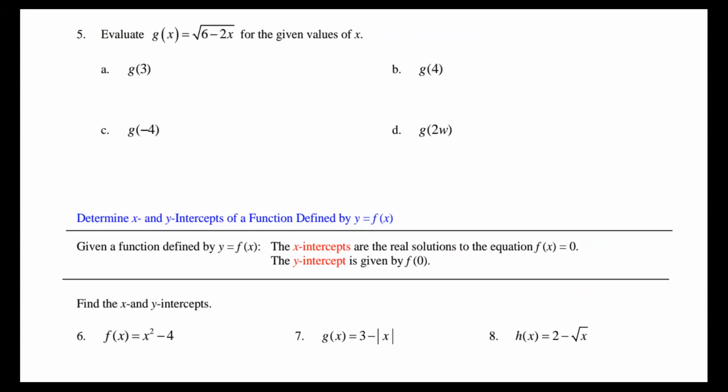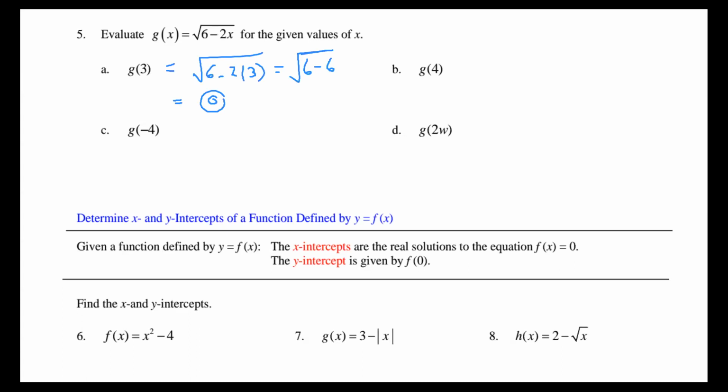We are going to evaluate g of x equals square root of 6 minus 2x for the given value of x. So g of 3, that means you have to plug in 3 for x here. So we get 6 minus 6, which is square root of 0, is going to be 0.